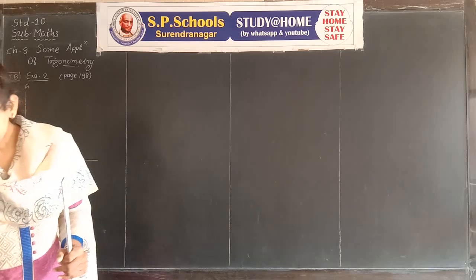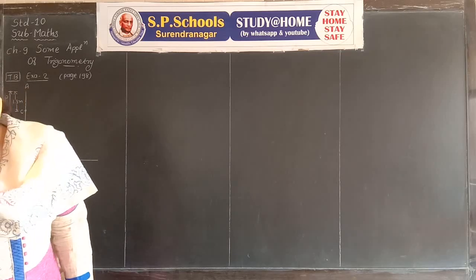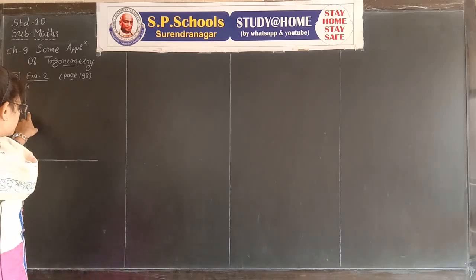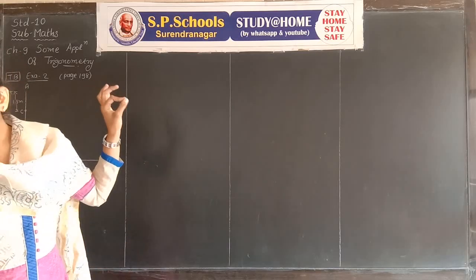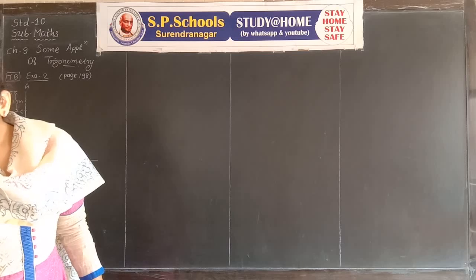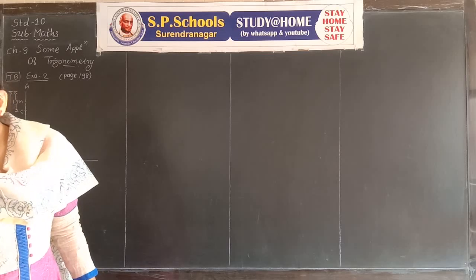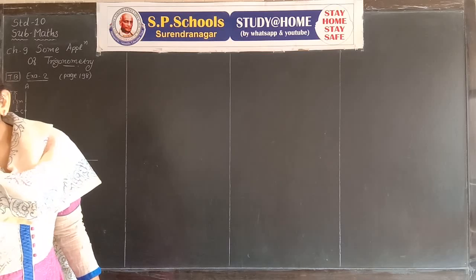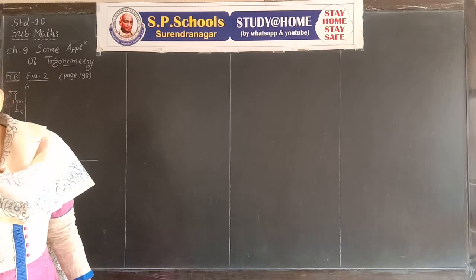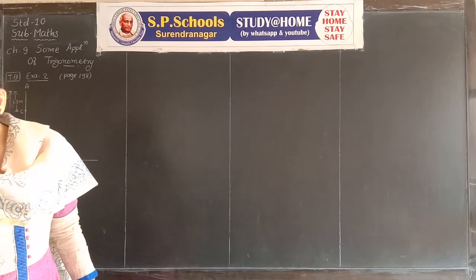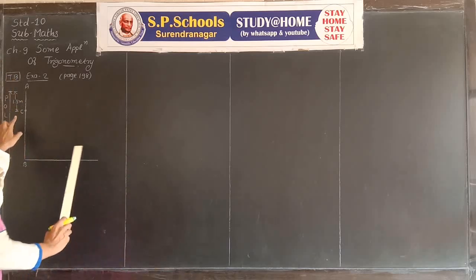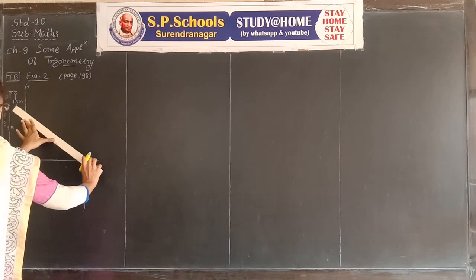Next, to undertake the repair work at point C, she needs to repair. What should be the length of the ladder she should use, inclined at an angle of 60 degree to the horizontal, to enable her to reach the required position? The required position is C.